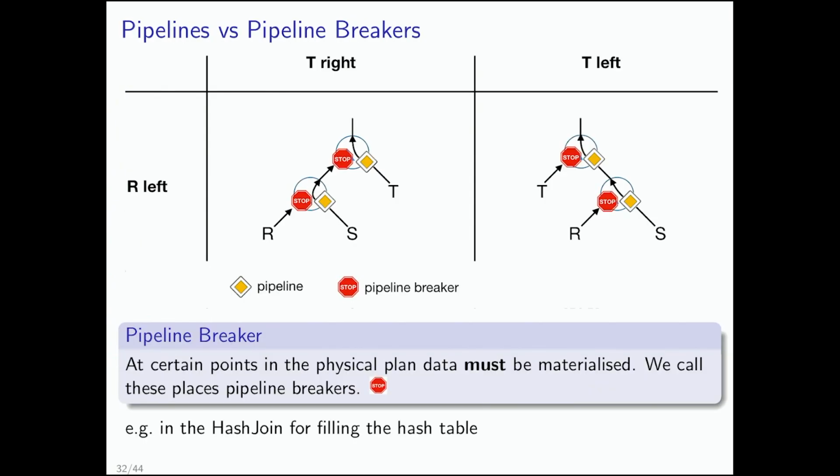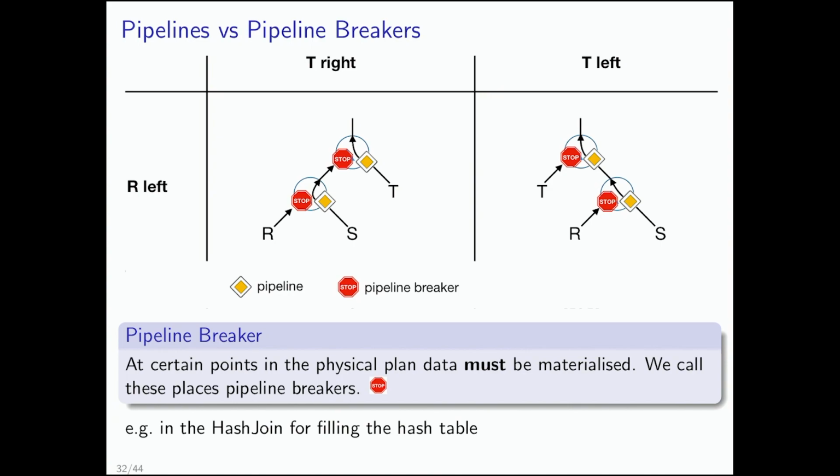So that leads to a notion of what we call pipelines and pipeline breakers. Pipelines you may know from Unix style pipelines, where there's this pipe symbol in between the shell script commands. And a similar thing exists in databases.